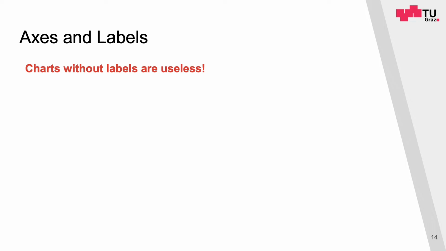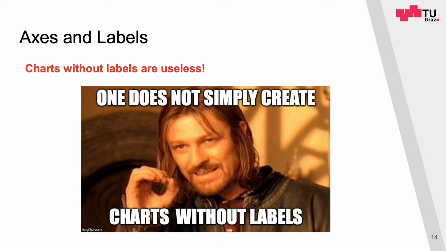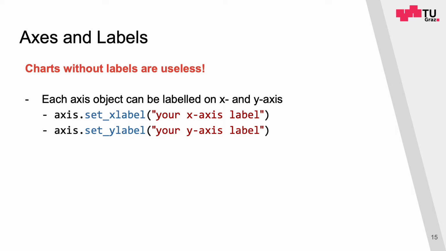So we now know how we can produce a simple plot in Matplotlib in Python. However, the previous plot didn't have any axes and labels. And since charts without labels are useless, one does not simply create charts without labels. And therefore, each axis object can be labeled on y and x axis.